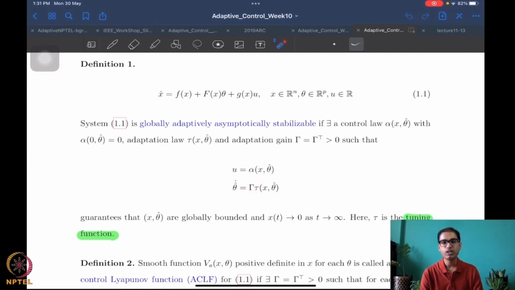If you have these two, which guarantee that x and theta hat remain globally bounded and also go to zero as t goes to infinity, then you can say that your system is globally adaptively asymptotically stabilizable. So this is where we were, and we want to continue from here.